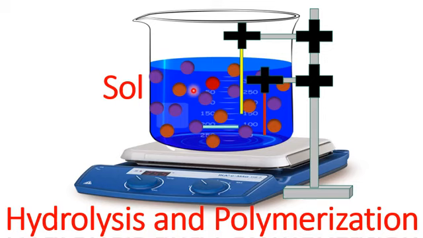Dear student, please note that at an advanced level there is a possibility to incorporate a surfactant inside the chemical solution during the hydrolysis and polymerization step of the sol-gel process.